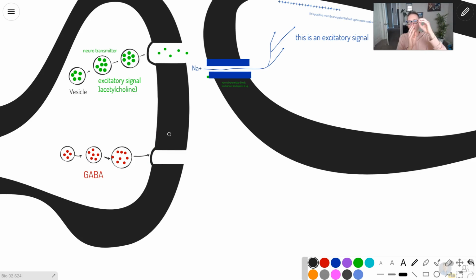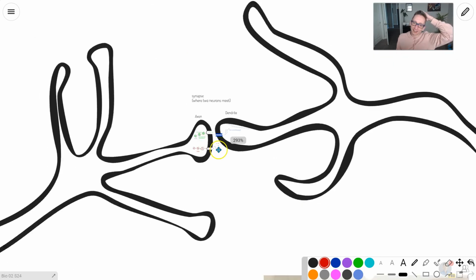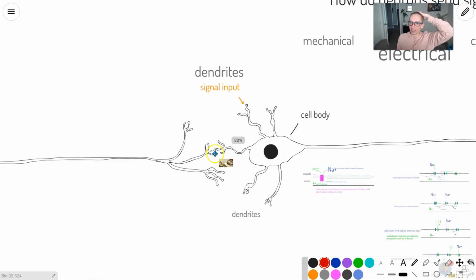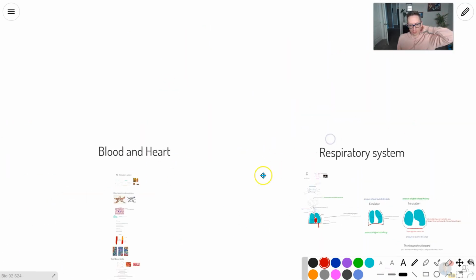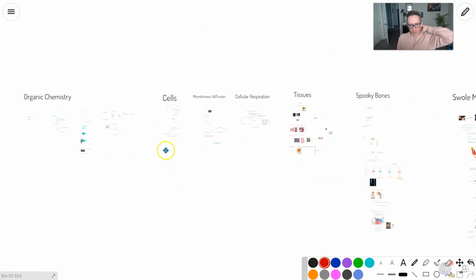I'm not doing that quite right. It doesn't matter. I want to keep cruising. But the membranes come together, they fuse. I don't know if you remember this. Let me go back. Let's go all the way back to our cellular diagrams.